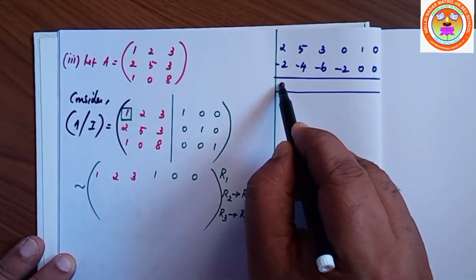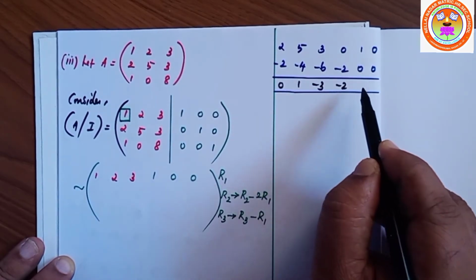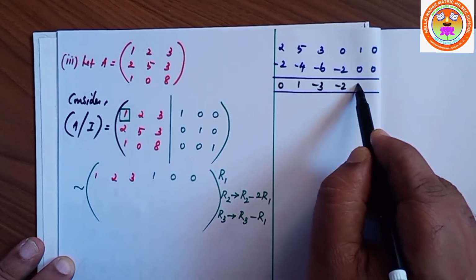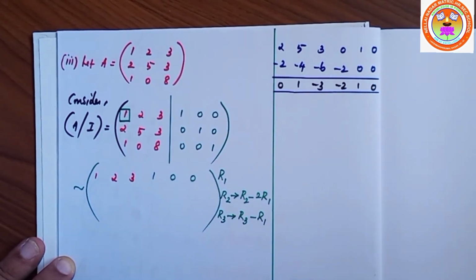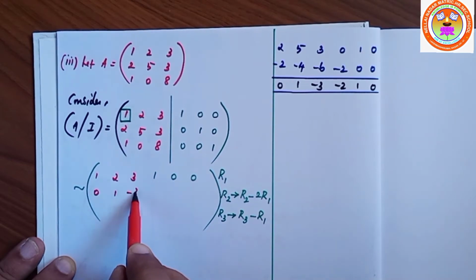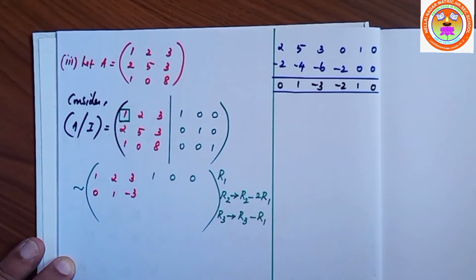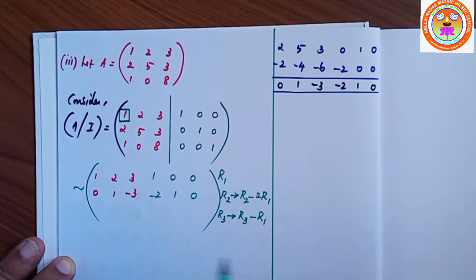So 2 minus 2, 0, 5 minus 4, 1, 3 minus 6, minus 3, 0 minus 2, minus 2, 1 plus 0 is 1, 0 plus 0 is 0. So 0, 1 minus 3, minus 2, 1, 0.